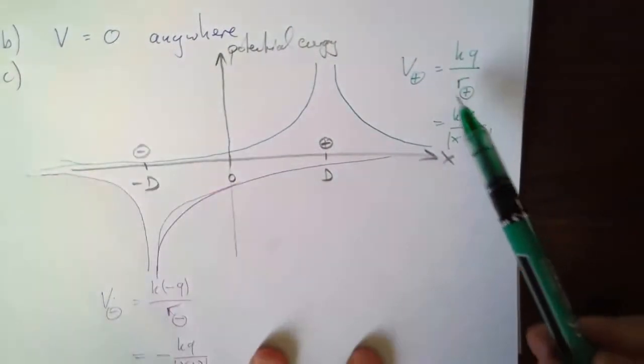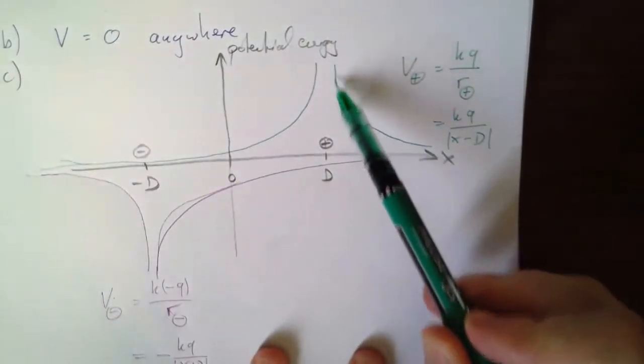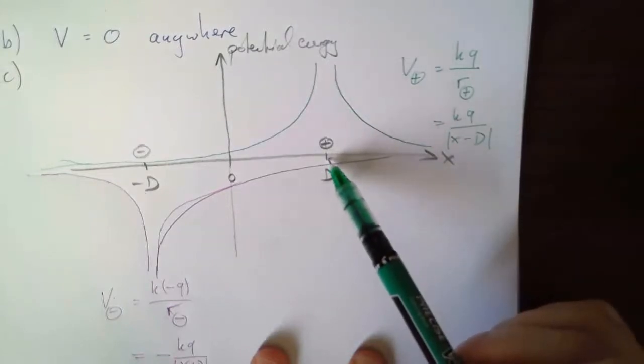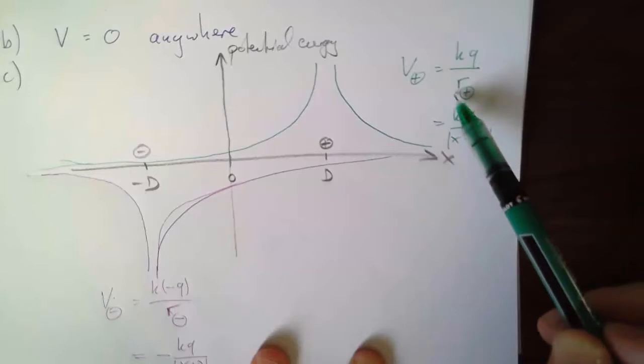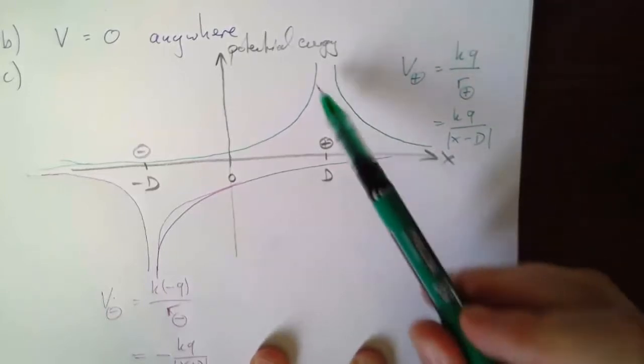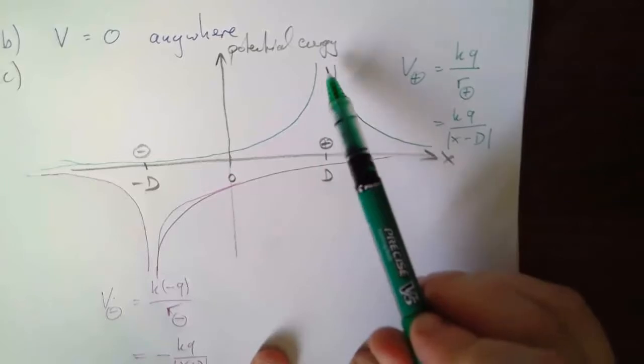But crucially, it falls off as 1 over distance, so it does the same shape. It goes to infinity as you get closer and closer. If you're right at the point, you'd have to divide by 0. It doesn't really make sense, but as you get closer and closer, the potential gets bigger and bigger, in this case in the positive direction.